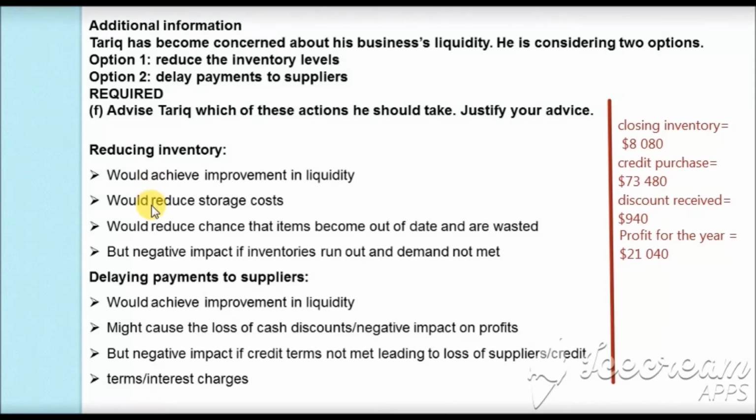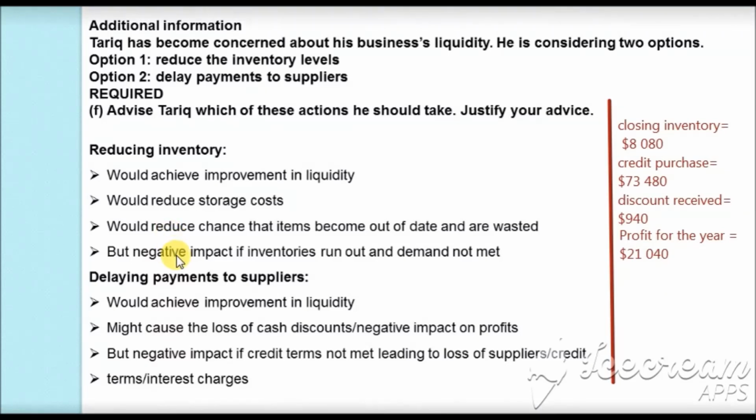Then this will also reduce the storage cost, as we are not having more inventory with us, so naturally there will be no requirement for more storage, and this will cut down the storage cost. Furthermore, this will reduce the chances that the items may get obsolete or outdated or wasted, and hence as the cost is reduced, there will be more cash in the business.